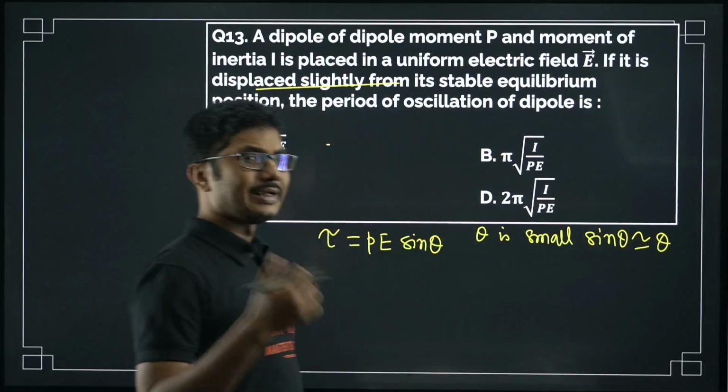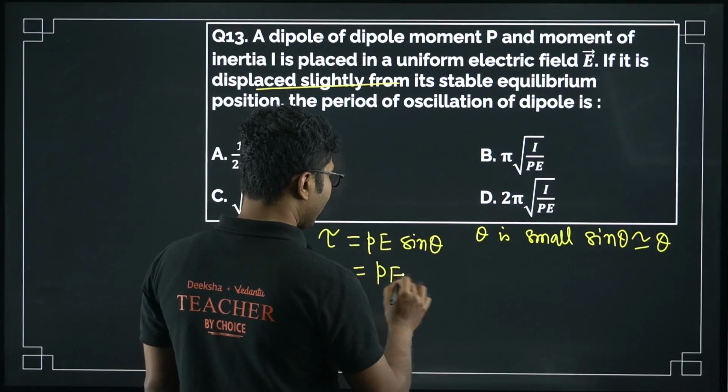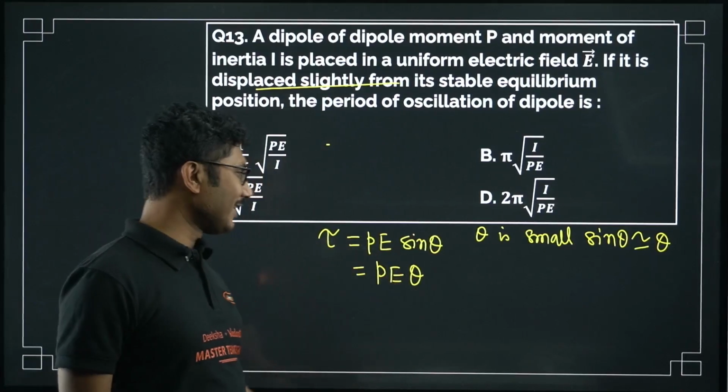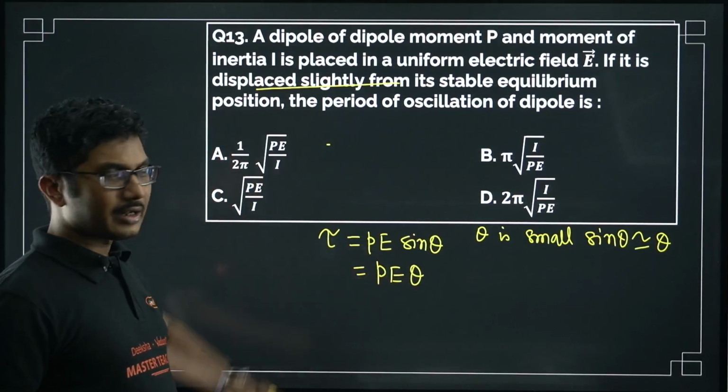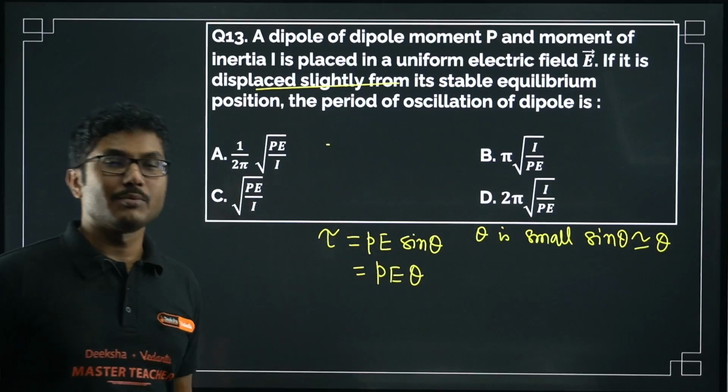Obviously theta is expressed in radians; this is only valid when theta is expressed in radians. But anyway, we are only interested in writing theta over here. So this is the torque acting on the dipole. Now there is another relationship from the rotational motion chapter.